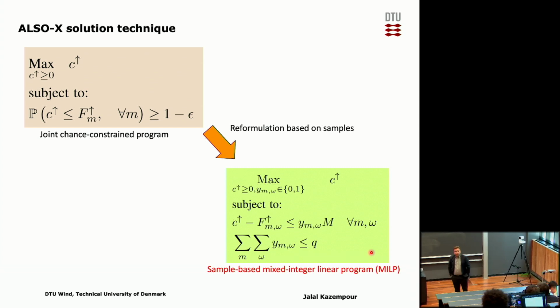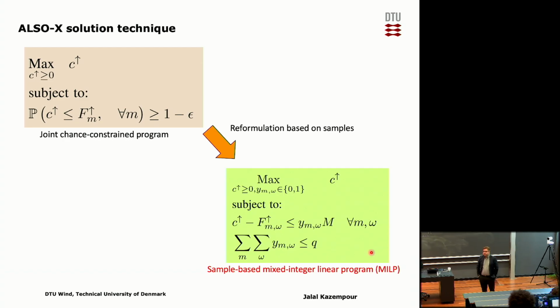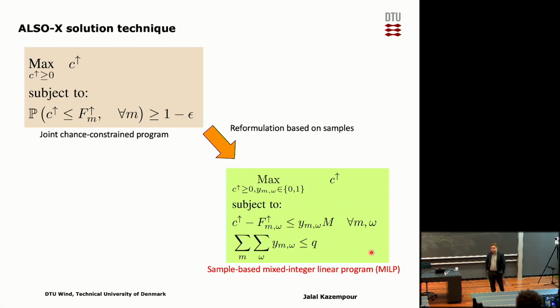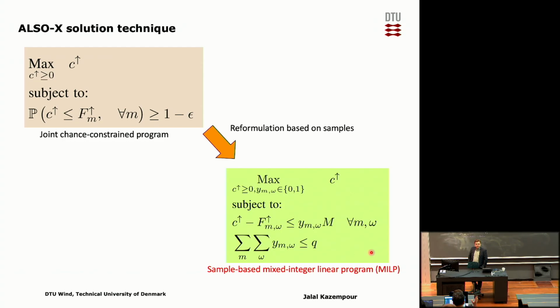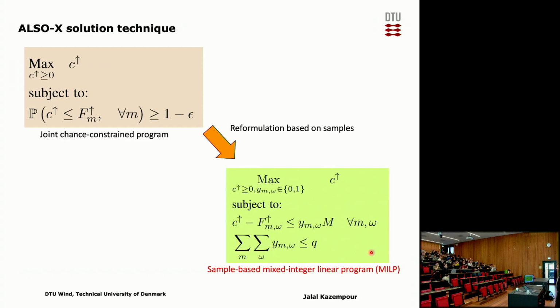Is there anyone who may have the initial guess, initial idea? Anyone? Thomas? Yeah, so we replaced the probability constraint with the binary variable, which is indexed per scenario.